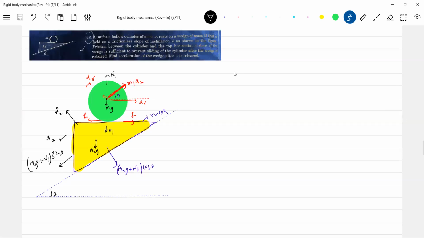So for the motion along the incline, the forces acting will be M2G plus N1 sine theta should be equal to M2A2.